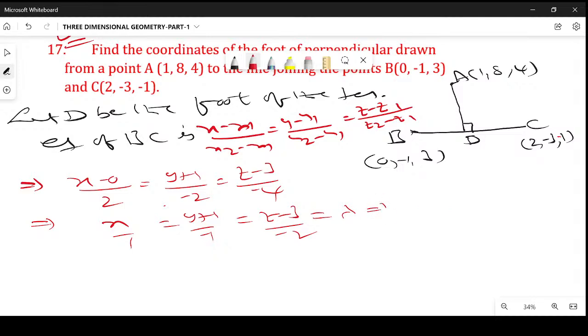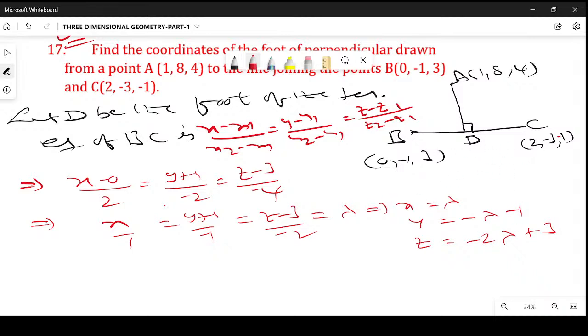What is the general point? It comes x = lambda, y = -lambda - 1, and z = -2 lambda + 3. So this is any point on the line BC.